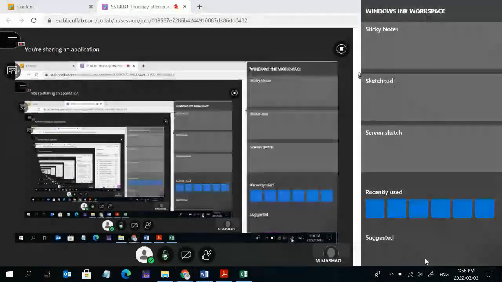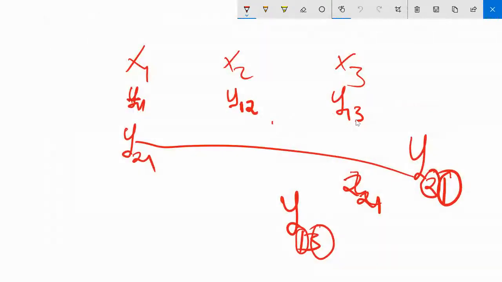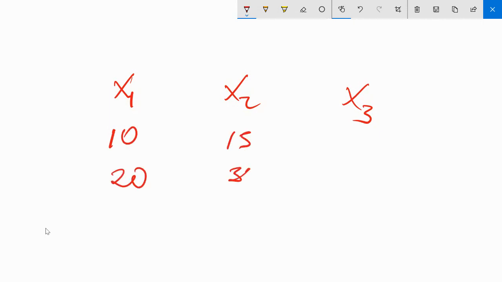Let me go back to the whiteboard and clean this. We have x1, x2, x3. Here we had two values, 10 and 20. Here we had 15 and 30. Here we had only one value, which was 25.